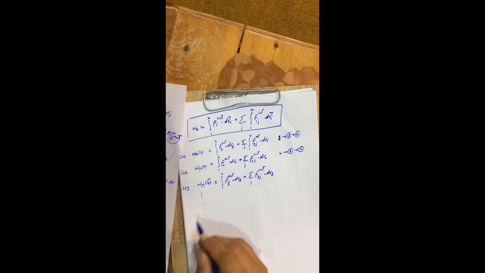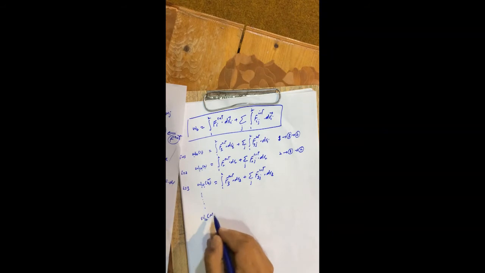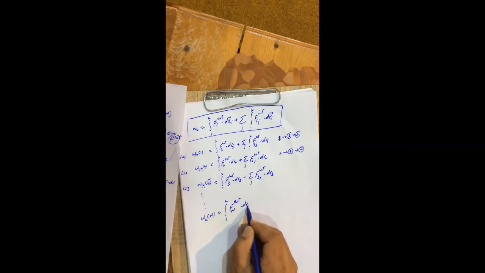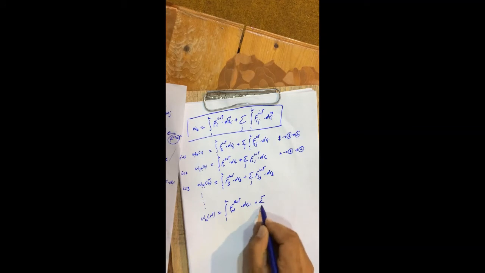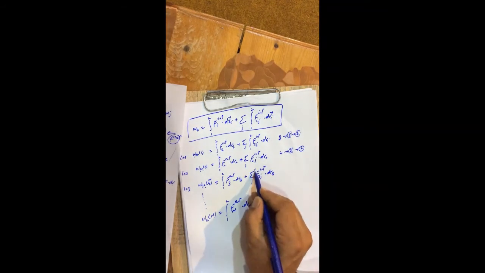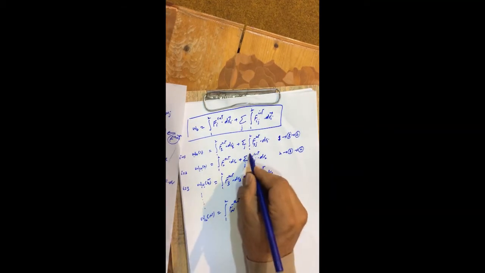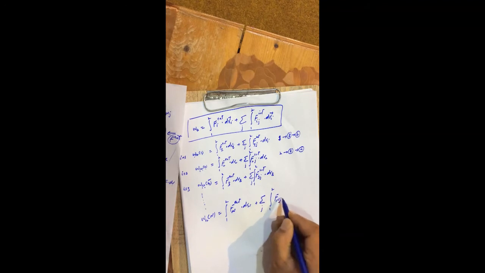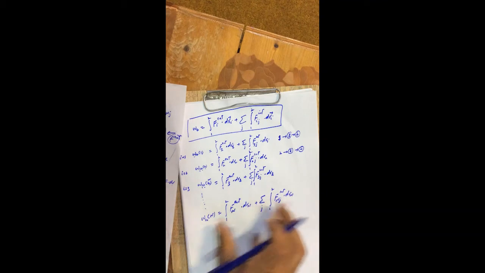And similarly, the work done in moving the nth particle from position 1 to 2 will be equal to integral from 1 to 2 Fn external dot drn plus the sum over j of the integral from 1 to 2 Fnj internal dot drn. So this is for the nth particle.